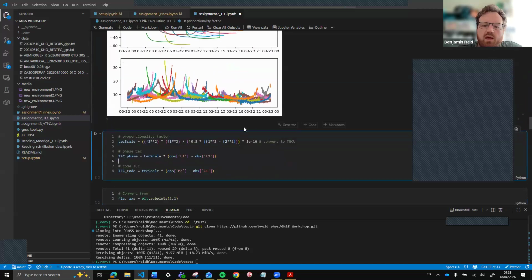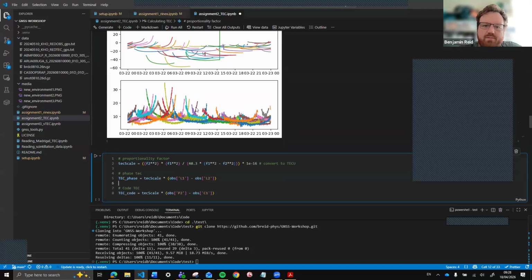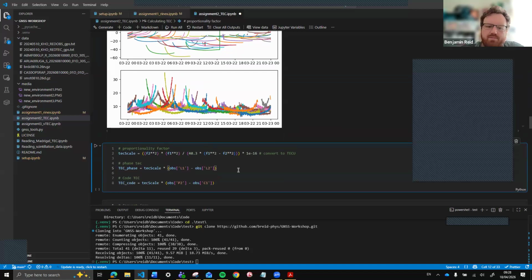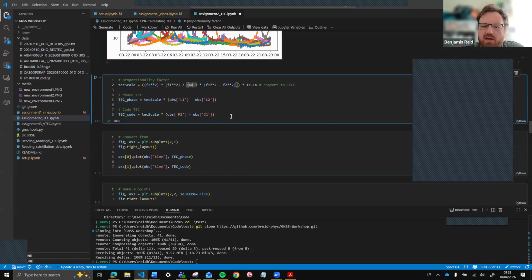So what we can do is, this isn't exactly TEC yet. This is in either nanoseconds or meters, I forget. But we can just calculate that proportionality factor, right? The frequency 2, frequency 1, this magical 40.3 number.